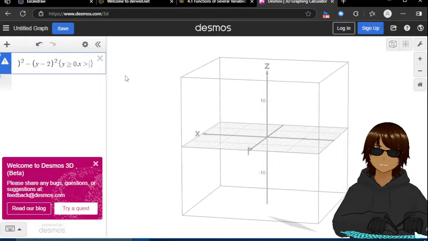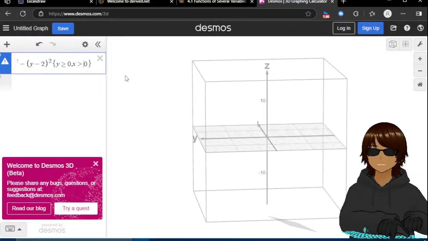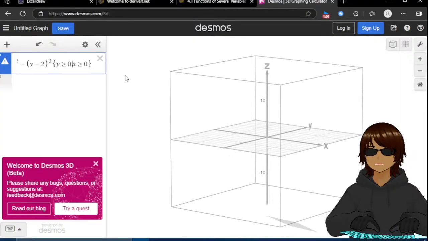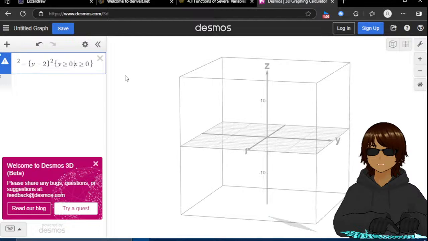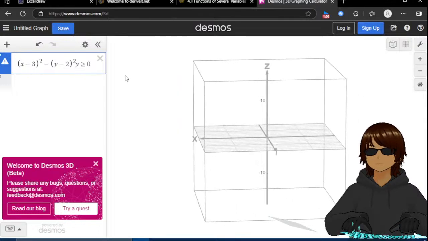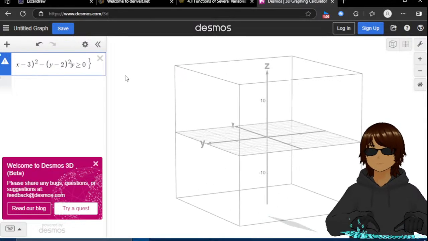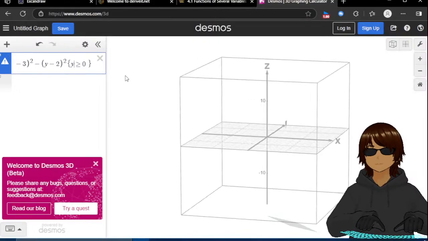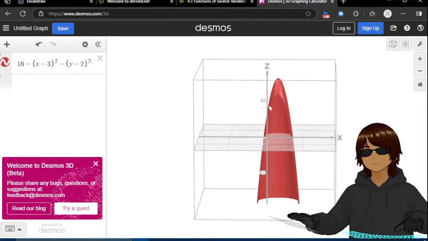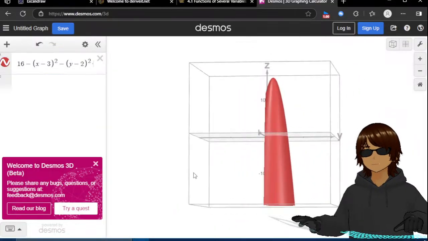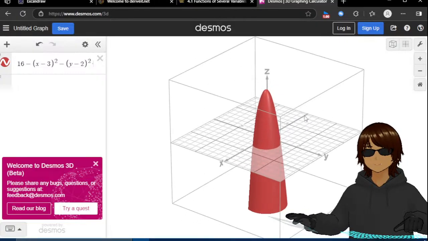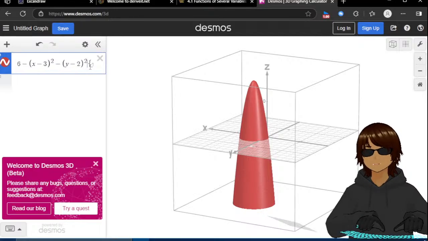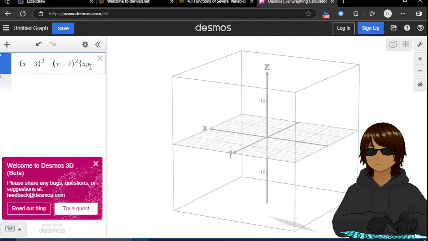And then x more than 0 maybe. How do you write multiple conditions? Okay, so y is more than 0 and x also.